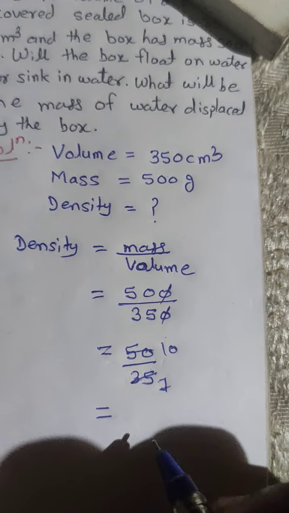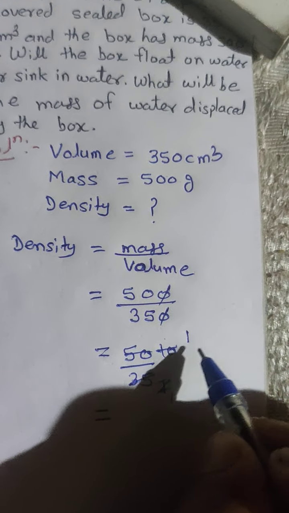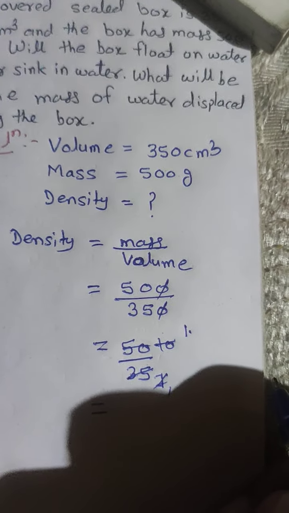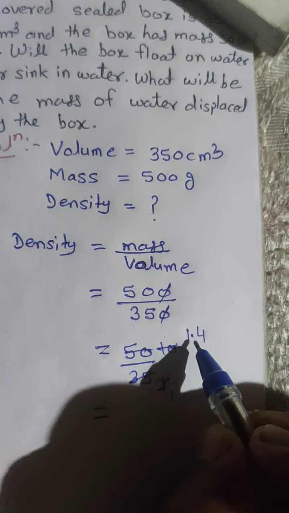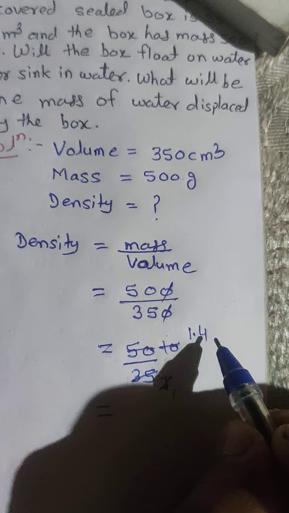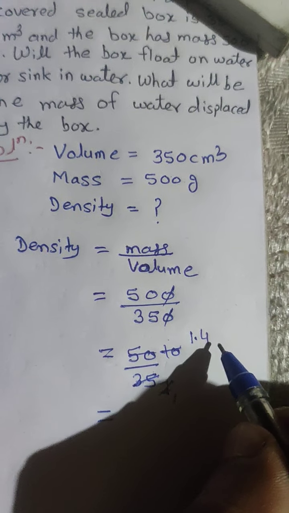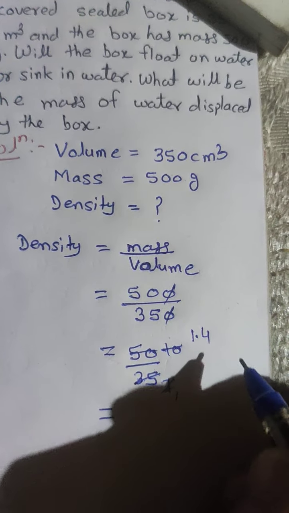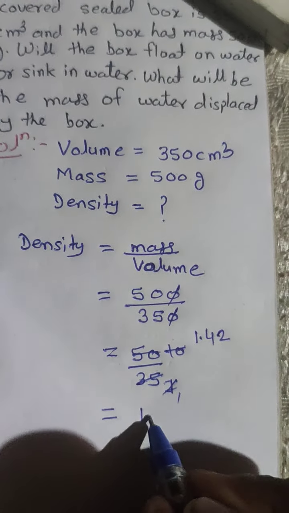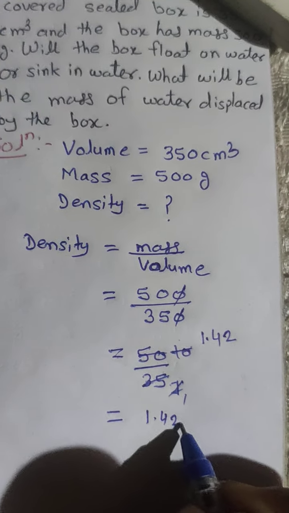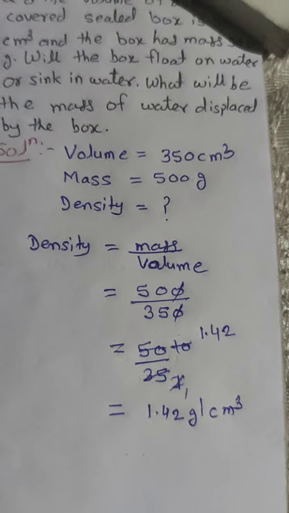Divide this 10 by 7. 7 ones are 7. 3 is there, put a decimal, so it becomes 30. 7 fours are 28. If we put the decimal, we can increase the 0. It will be coming like that. So our answer is 1.42 gram per centimeter cube.